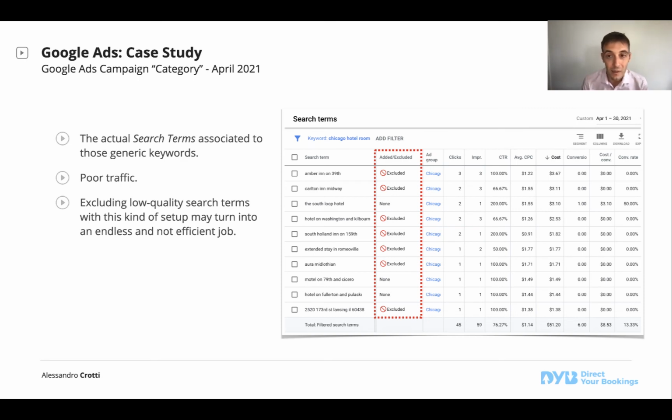Good luck doing it like this, because when you have such generic keywords in broad match type, potentially without the right filter, every single hotel in Chicago can trigger those keywords. Because that's what broad match type keywords are meant for. So excluding low quality search terms with this kind of setup may definitely turn into an endless task without getting any positive result in return.